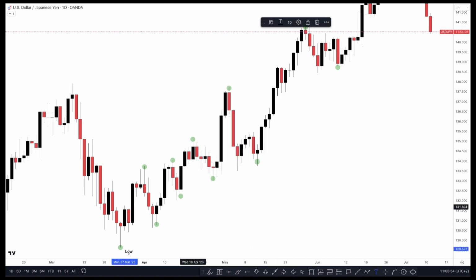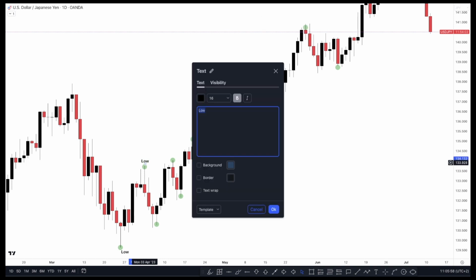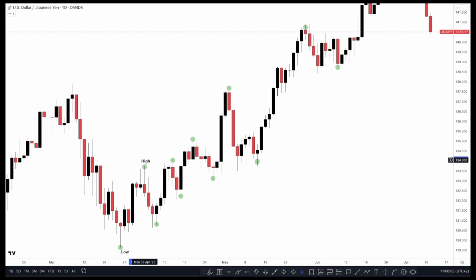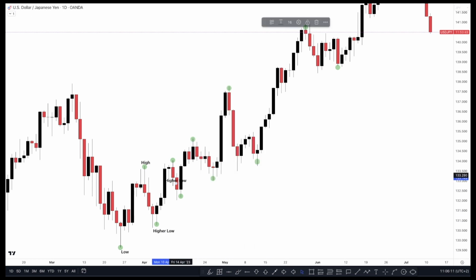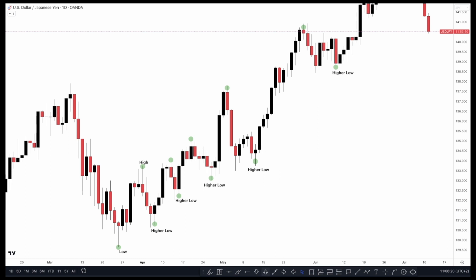So this is our low right here, and this is our high, and that's our higher low, and that's our higher low. So I'm going to be marking these higher lows up until I get to the last one, and from there, before I mark the higher highs, I will be marking these.